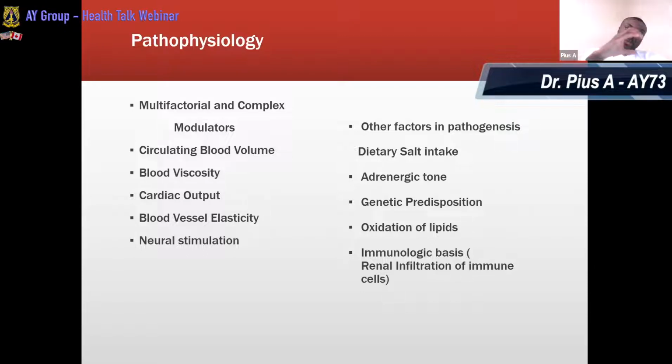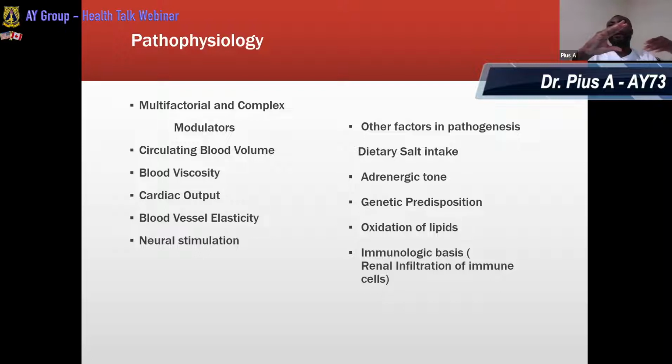Your blood vessel is a tube. Your heart is pumping blood. Your blood vessels need to be able to expand and contract relative to how much volume is coming in.